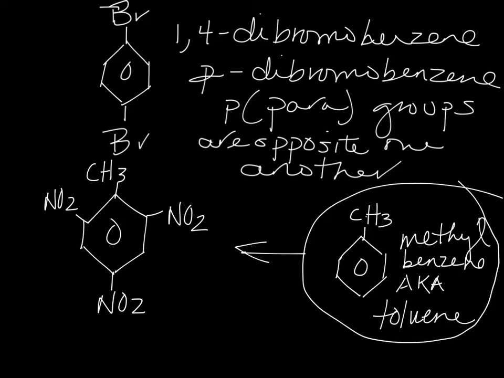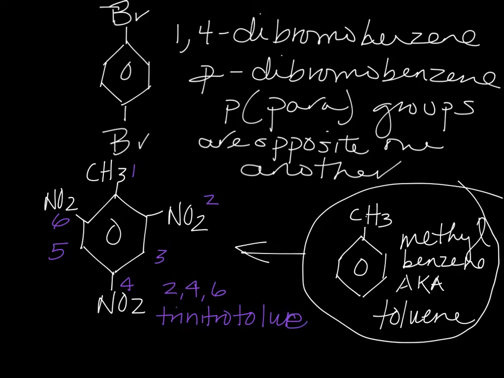So here, if my methyl is at my first position, 1, 2, 3, 4, 5, 6, then this becomes 2,4,6-trinitrotoluene. 2,4,6-trinitrotoluene, better known as TNT, or dynamite.